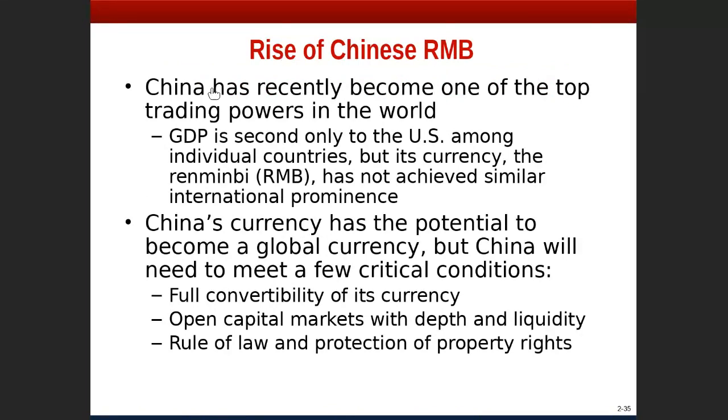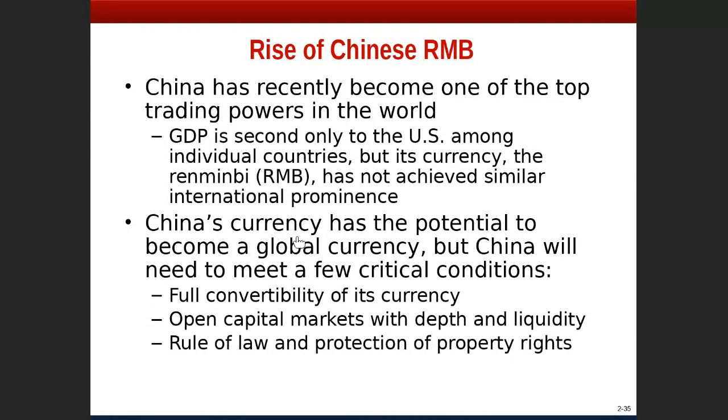Now we make a detour here to talk a little bit about the Chinese renminbi. Now, China has recently become one of the top trading partners in the world. Its GDP is second only to the US among individual countries, but its currency, the renminbi, has not achieved a similar international prominence.